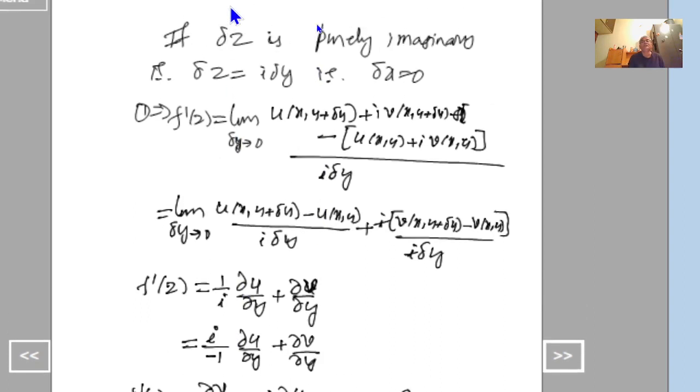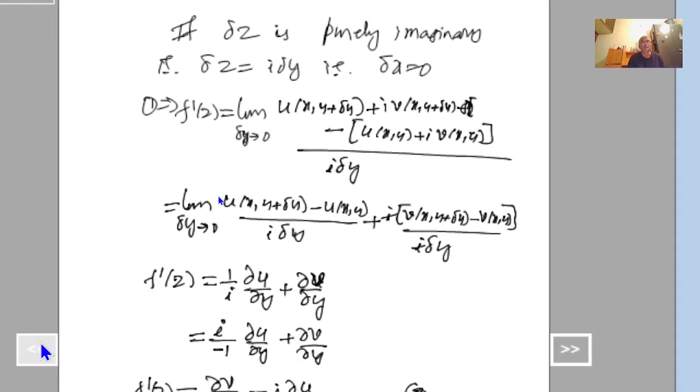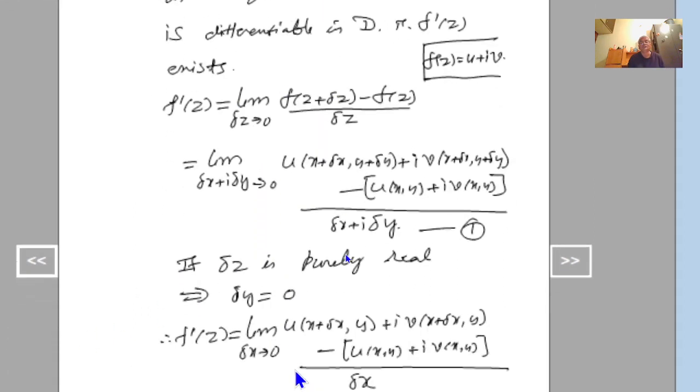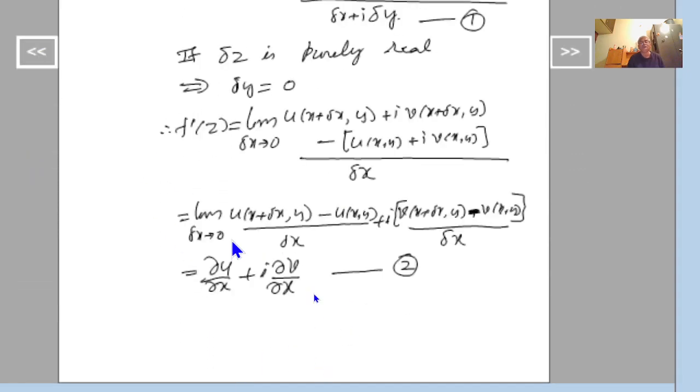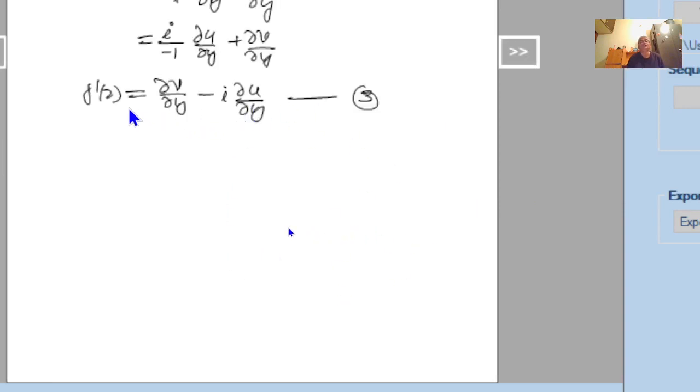See here, what is relation number 2? Relation number 2 is this one. f dash of z is equal to dou u by dou x plus i into dou v by dou x. This is the value of f dash z. And here in 3, this is also f dash z. That means LHS of 2 and 3 are same. Therefore, RHS must be same.